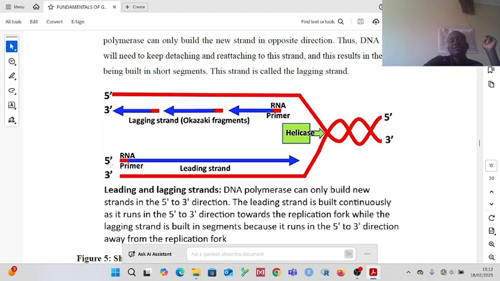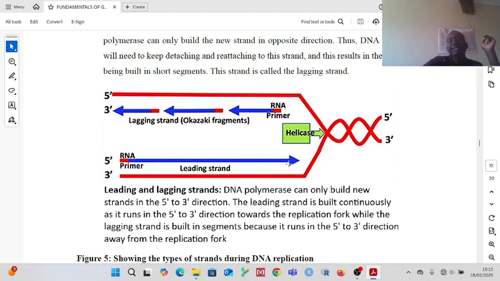But here, elongation is happening from outside in, so it is continuous. So this becomes our leading strand. Then this becomes the lagging strand. Helicase is still unwinding the DNA for us. So the elongation is the work of the DNA polymerase.